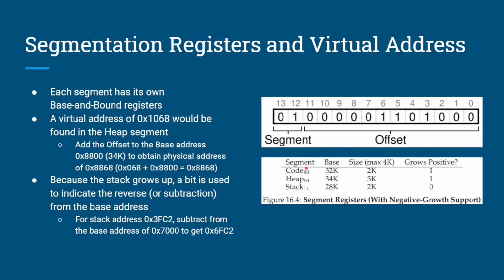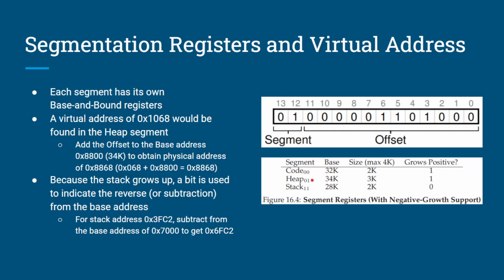So if the bits are 0, 0, this will be the code segment. If the bits are 0, 1, this will be the heap. And if the bits are 1, 1, then this will be the stack. And you can see here in this particular address, we have a virtual address that is 1, 0, 6, 8. The 1 tells us that this is the heap segment.